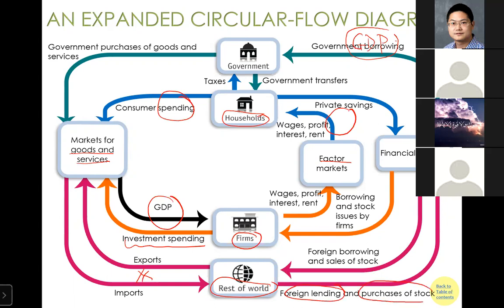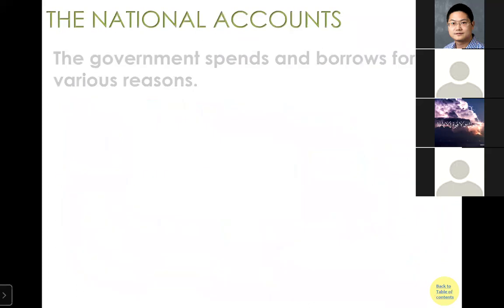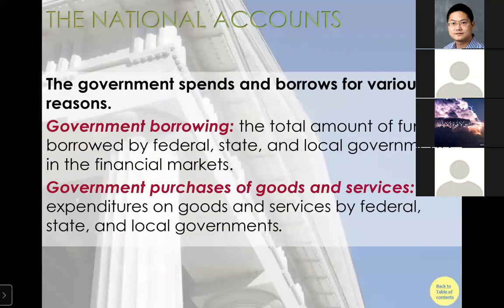Basically foreigners purchase American stocks, which translates into capital inflow. This capital inflow is used to pay for the extra import we have, right? So that closes the model. And then we have run through those concepts.